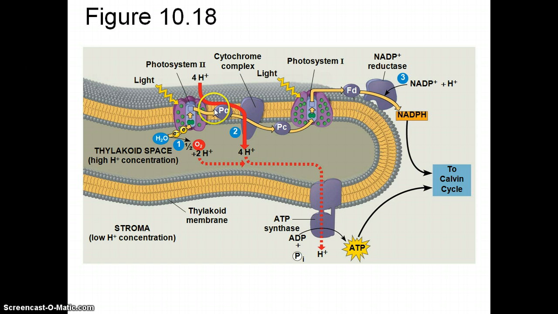They're passed on to this molecule here, which then passes them on to what we call the cytochrome complex, and then that complex passes them on to another molecule through some reactions. Each time they're passed along through this chain, they lose a little bit of the energy.